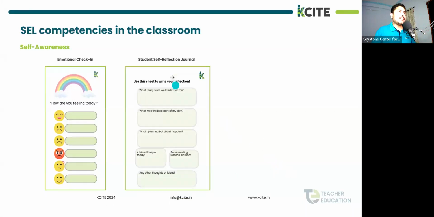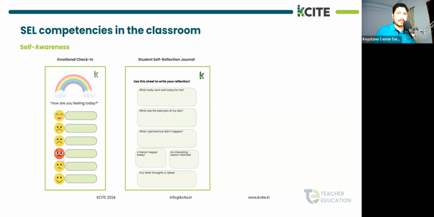Next thing is the student self-reflection journal, where all this whatever I'm showing is based on self-awareness. Okay, so they'll practice it and they'll learn it from you. So journal writing is also important. There are basic questions that you can see here: what really went well today and what did not go well.